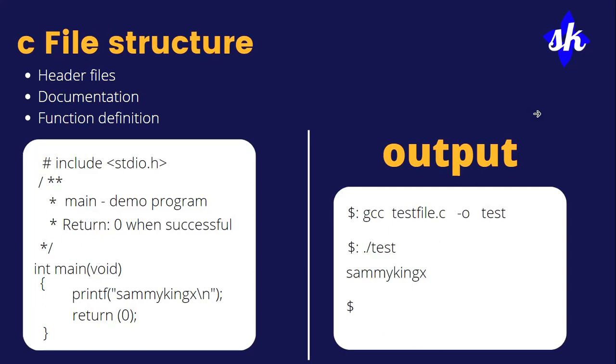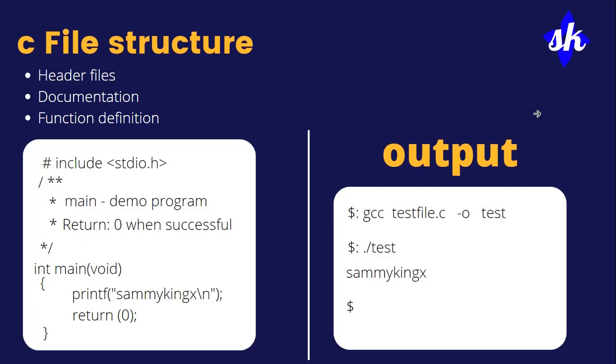But then I'm calling the printf function and saying that I'm going to print a particular string: Sammy Kings. The \n there is basically saying that after printing, I also want you to print the new line character, so that I don't see the next prompt immediately after the last output. That just basically looks clean.